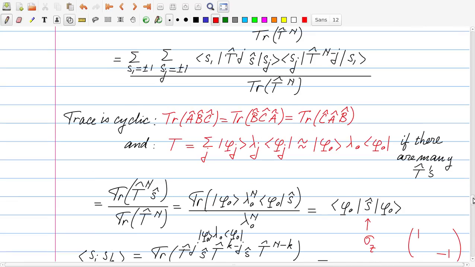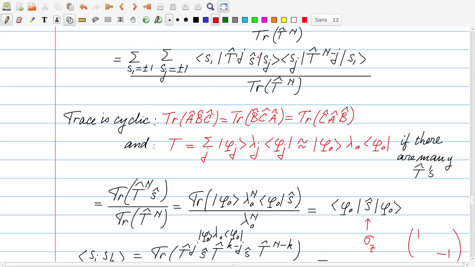Now we need two ingredients. First of all, the trace is cyclic. With a cyclic permutation of the operators in a trace, the trace is invariant. So what I can do is take these and cyclically move them to the front, and that means that I get all my T's in the beginning of the trace expectation, because after all, here is the S1, so I have again an operator of which I take the trace.